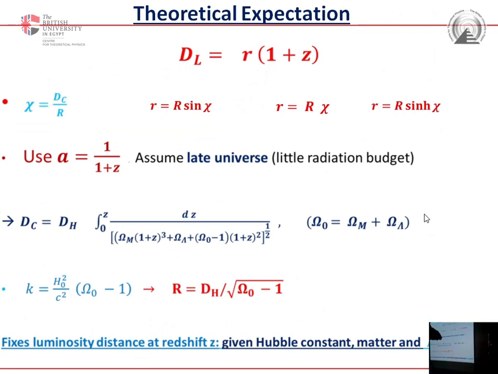It's from these things. We have a model that will depend on how much matter density, how much lambda density, and how much curvature. I took the radiation out because these things are usually done for the late universe, when the radiation density is about 1,000 or more times less than the matter and the cosmological constant. So I took the radiation out.